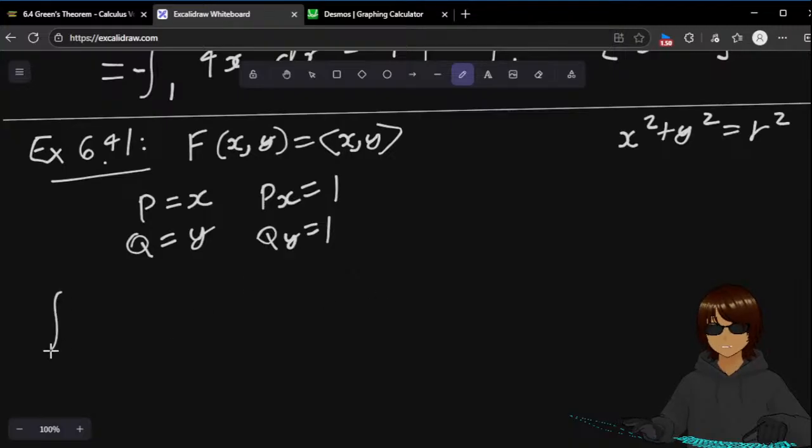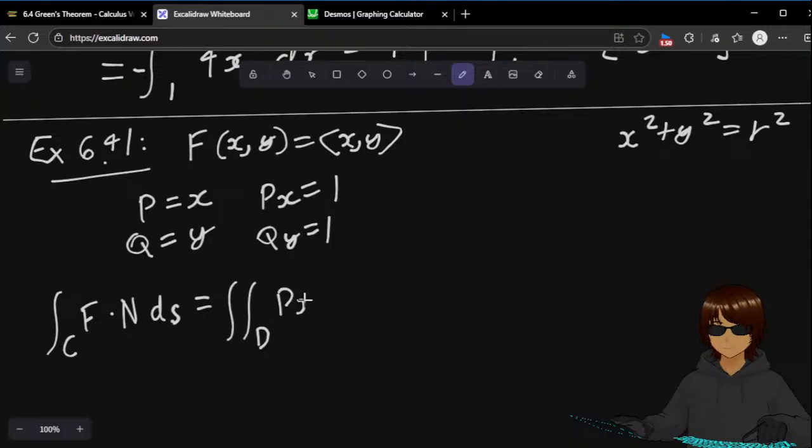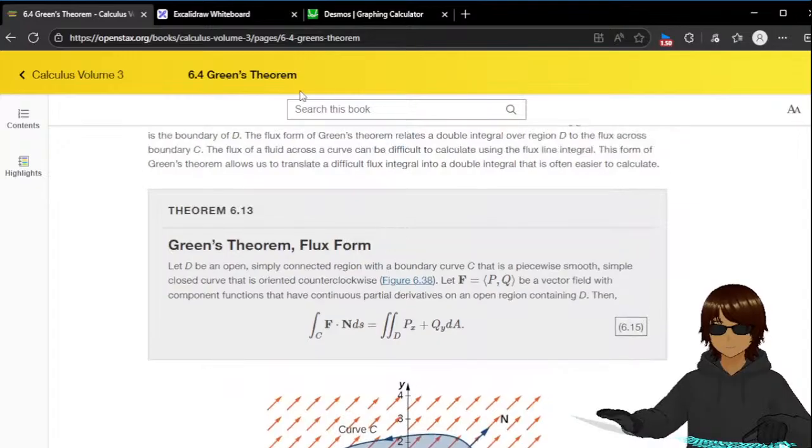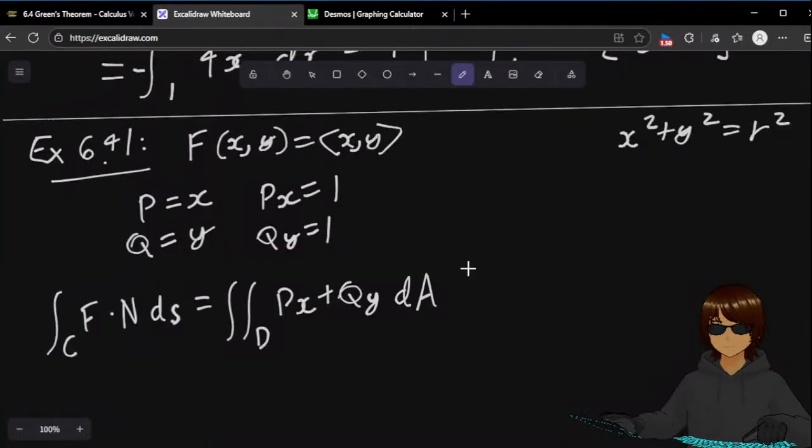The flux across C, which is F dot n ds, is equal to the area of this, which is equal to this. This gives 2, right?